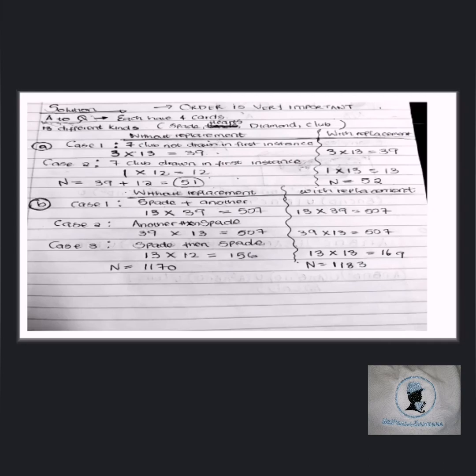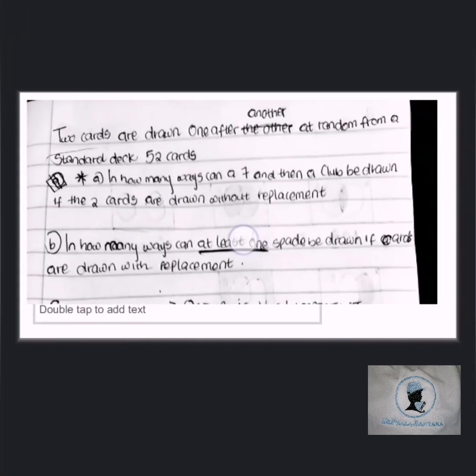I explained in the beginning that in the question, you saw that I underlined at least 1, because it is saying the minimum number of spades that we can have in a draw is 1.